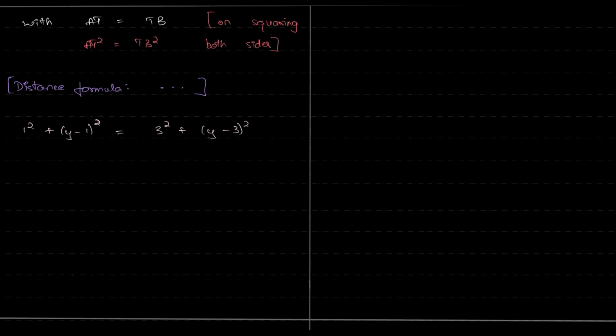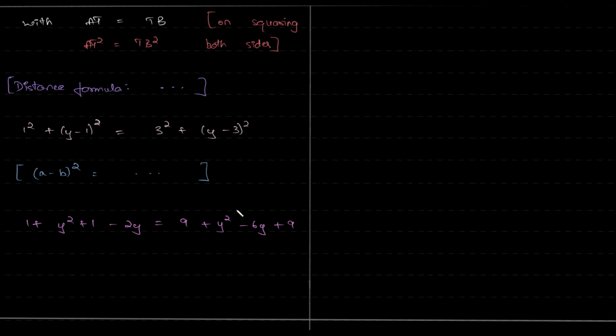So this we need to solve. Basically this is a minus b the whole square, which is a square minus 2ab plus b square. So this is 1 plus y square plus 1 minus 2y is equal to 9 plus y square minus 6y plus 9.